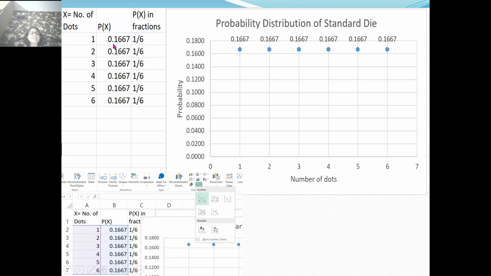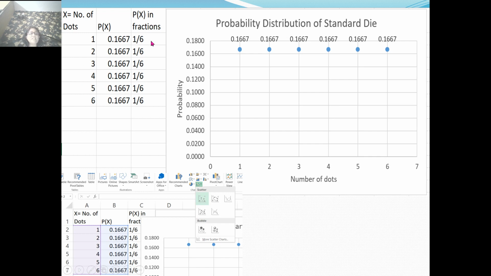Now how I have assigned these numbers: you see that there are 6 possible outcomes, and each one of these is equally likely. We are saying that it's a standard die. We haven't done anything to fine tune the die in a manner that the likelihood of landing on 2 is more, and so on. So it's a standard die. That means the chances that it will show 1 are equal to the chances that it will show 2 dots, and so on.